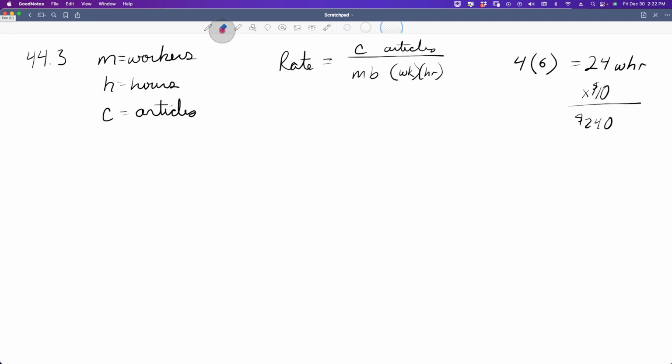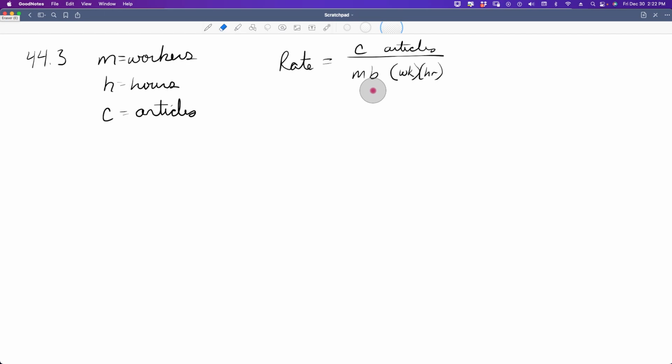The more people you add to a job, think about it realistically, there's the saying, many hands make light work. That's because the more workers you apply to a job, the more you are increasing the amount of work they can do. So that's what this rate also implies. I don't know why I have a B here.